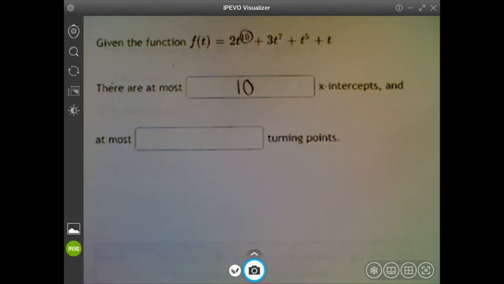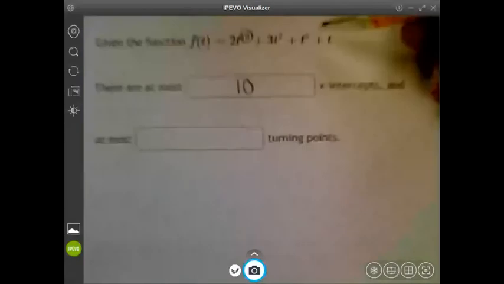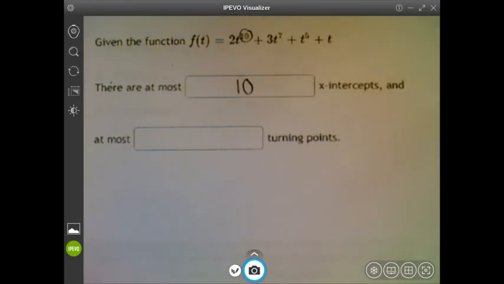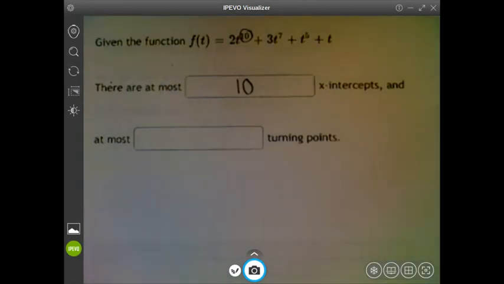So this graph can cross the x-axis 10 times. It can cross anything below 10 as well, just depending on the setup. We would actually have to get into some algebra there to figure out how many exactly, but at most 10. So it can't cross 11, can't cross 12. It can cross 10 times or less.